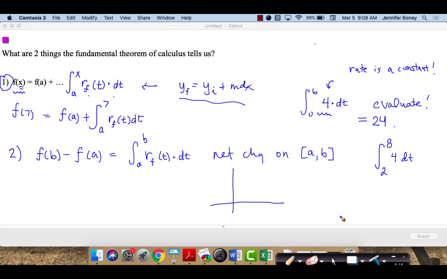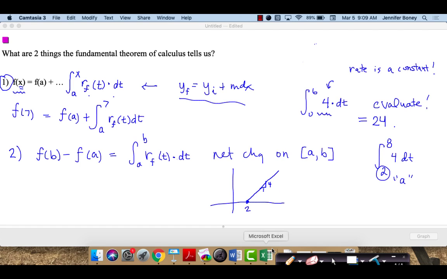It doesn't have to have started from 0, but what I know is the net accumulation from wherever I'm looking. Let's say the lowercase a is 2.